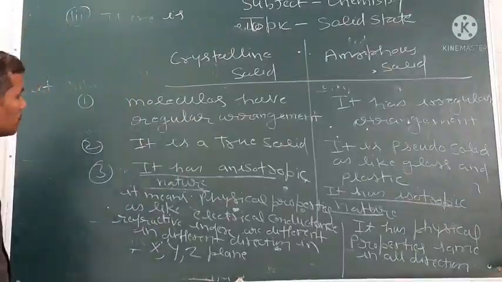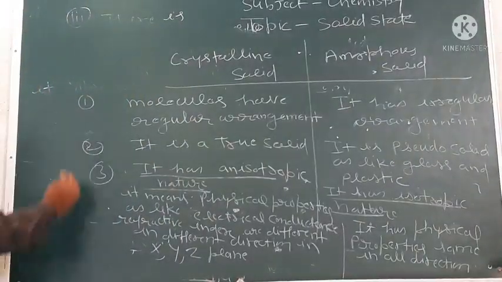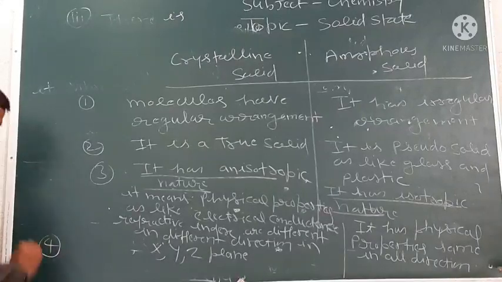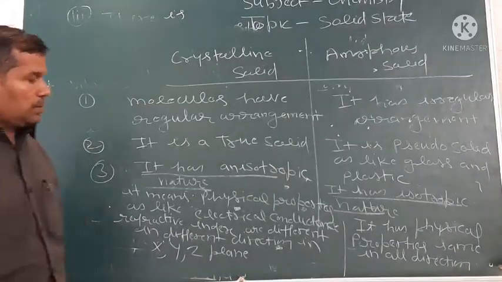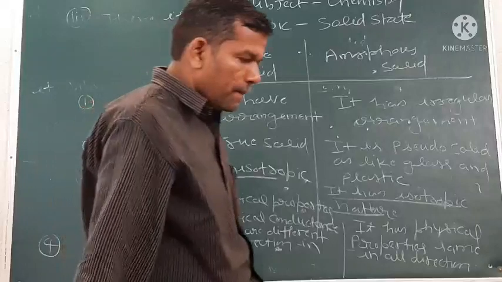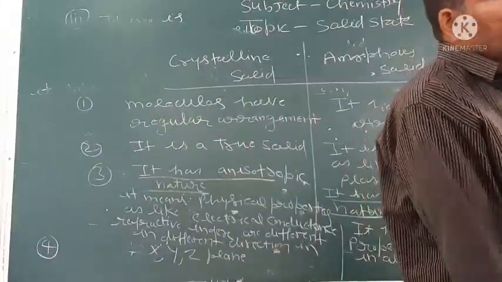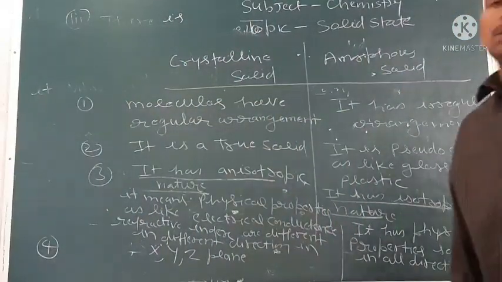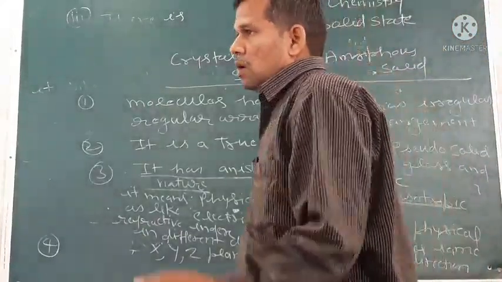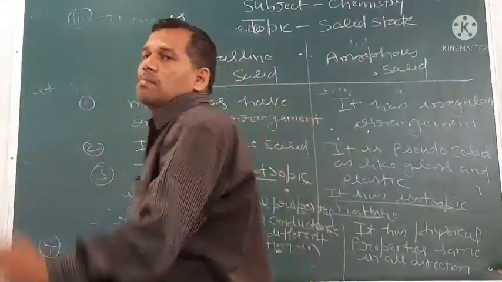Fourth, crystalline solid is a solid in which atoms are arranged in a regular manner.